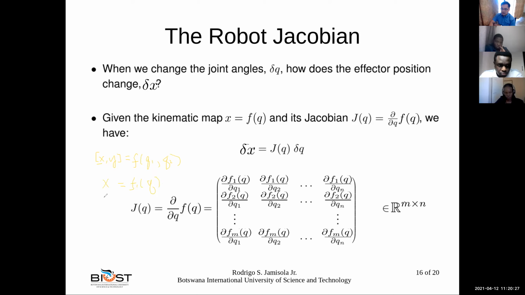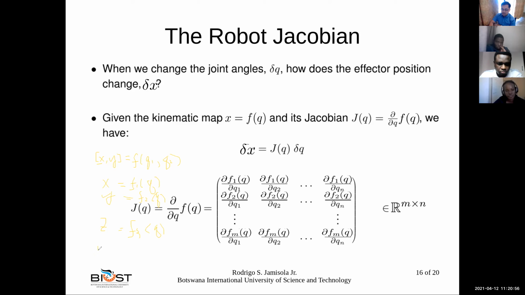This is the first component of f of Q. Okay, and the second component is F2 of Q. And so on. Maybe Z you have, then that's the third component of f of Q, and so on, until you have maybe alpha, beta, and gamma, for the roll, pitch, and yaw.